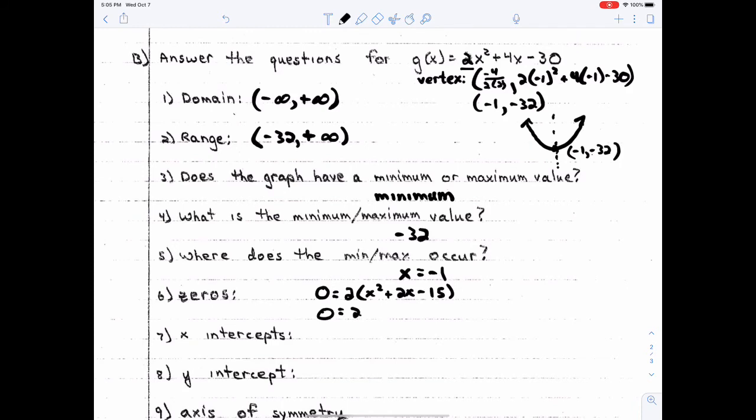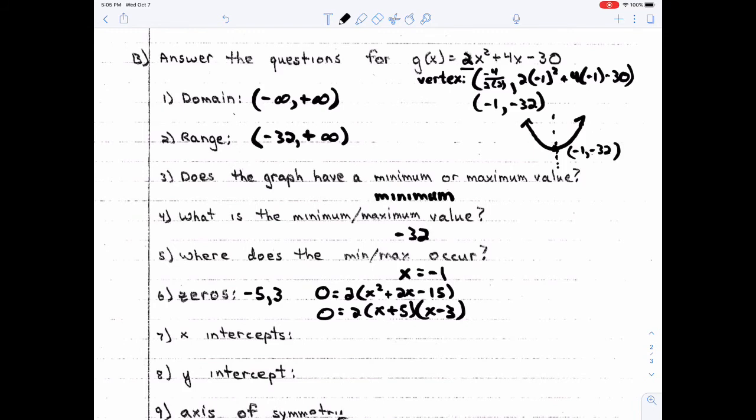So that's 2 times x plus 5 times x minus 3. So what's that? That's negative 5 and 3. Those are the values of x when I substituted a 0 for y.